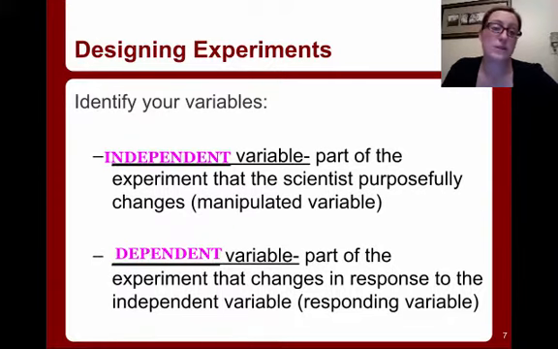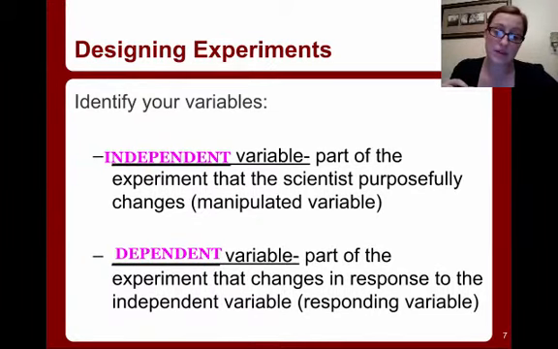So we're going to design an experiment to determine if flea collars really work. So we need to start identifying our variables. And again, you should be familiar with these terms, so this is more of a review. Your independent variable is the part of the experiment that you are purposefully changing or manipulating. So this is what we are testing.